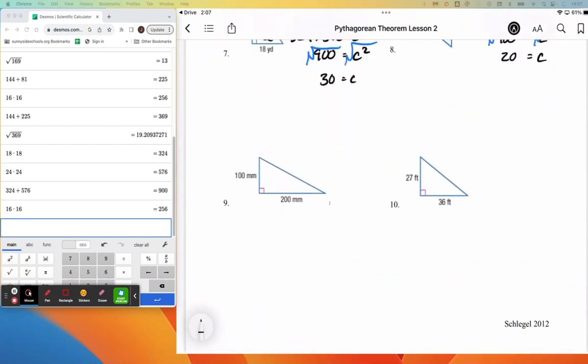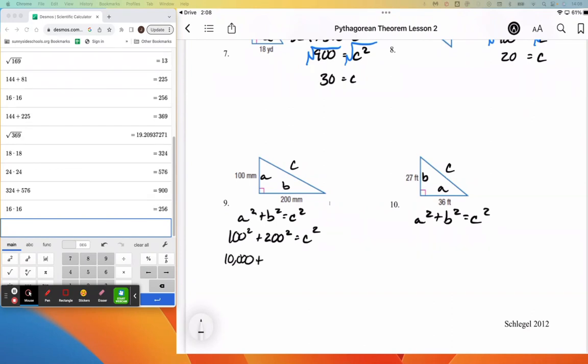The last two for this page, we will call this our a side, we'll call this our b side. This has to be our c because it's the hypotenuse. We might as well label this one over here as well. a squared plus b squared equals c squared. The a is 100, the b is 200, and the c we don't know. So 100 squared is going to be 10,000. 200 squared is going to be 40,000.